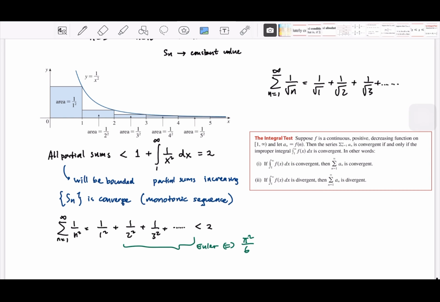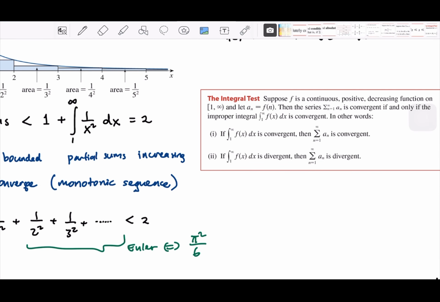Okay, so the integral test. First we need to make sure the function that we need to integrate is continuous, a positive function, and a decreasing function on 1 to infinity.